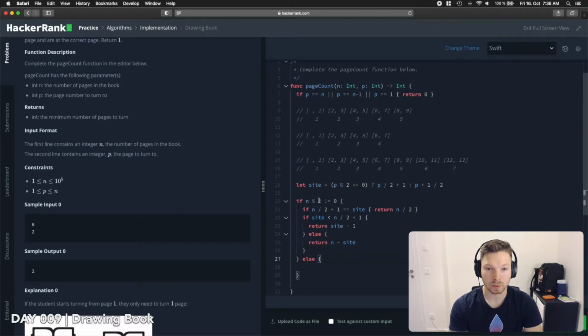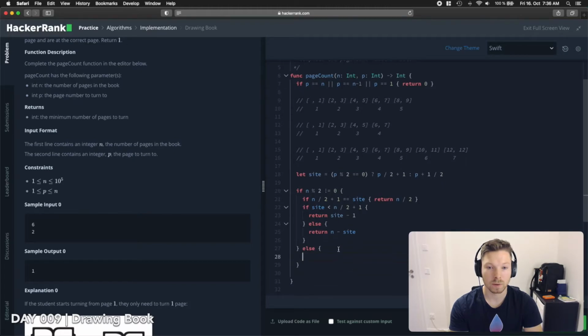And if the size of the book is an even number, we should still look for the same, right?